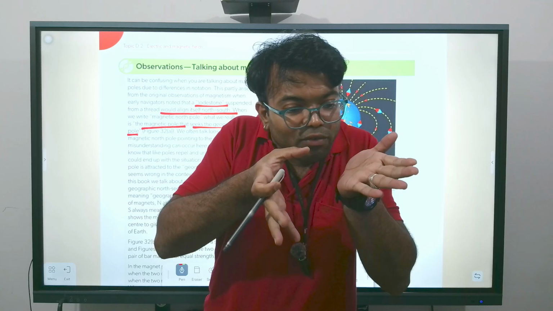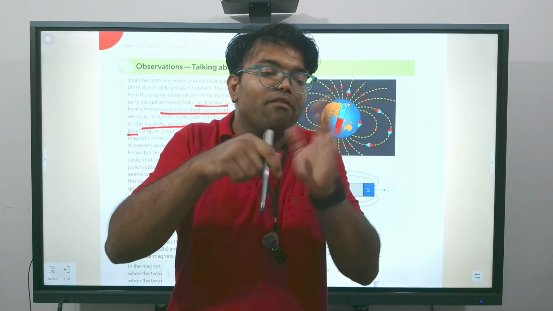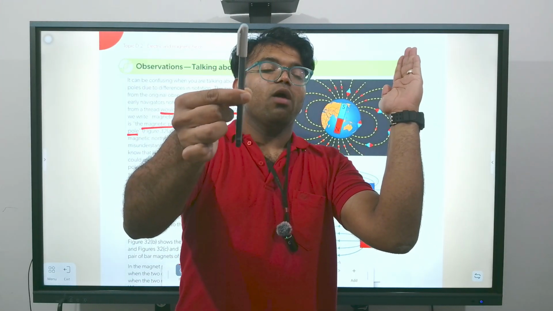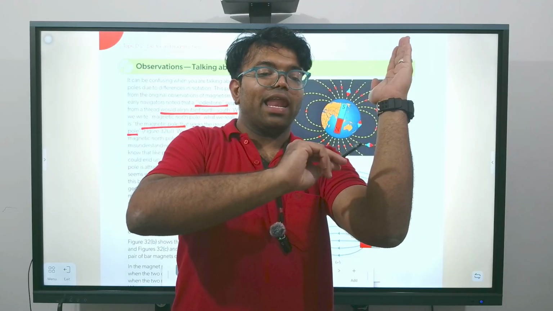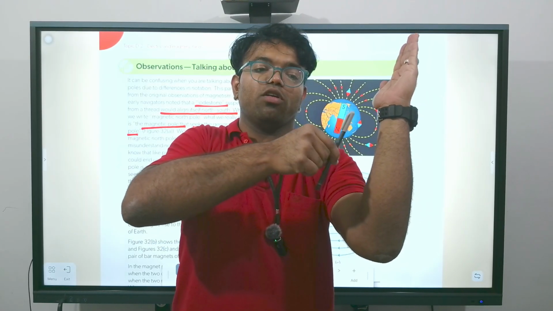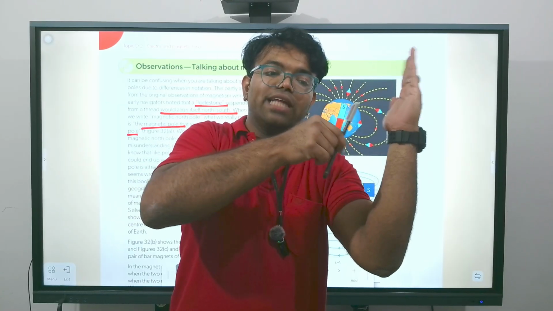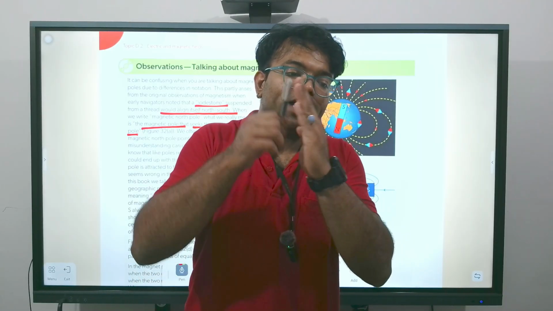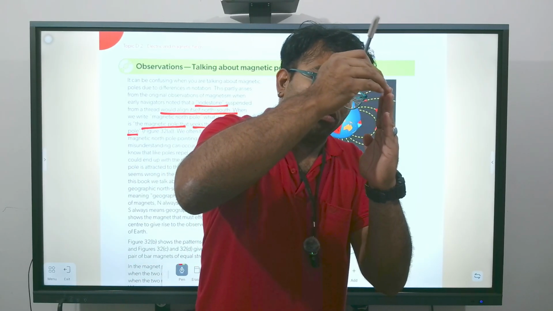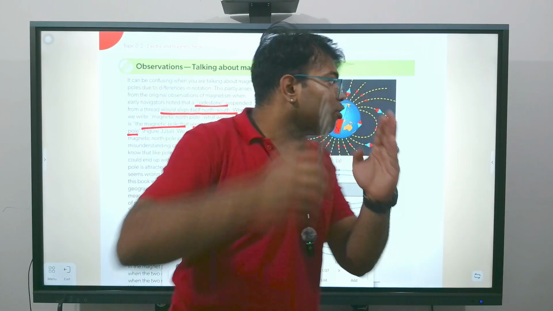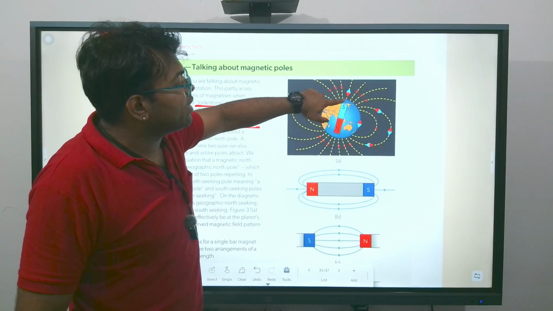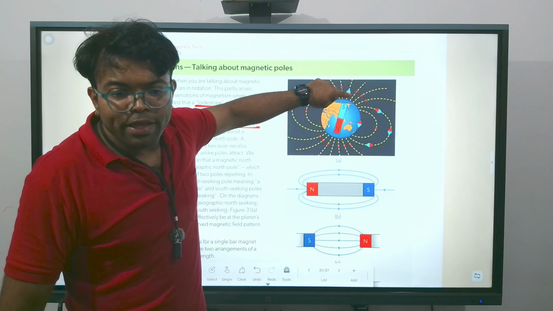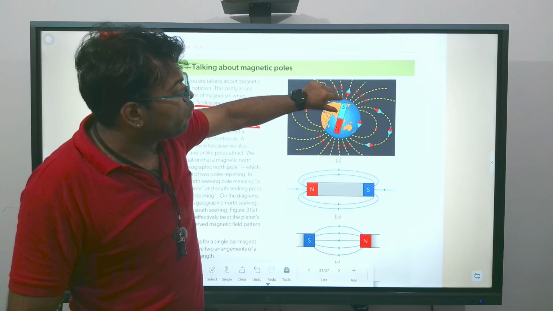That is the reason. For example, if this is the Earth, and this is the North Pole, what happens? It will always align itself with the North Pole. Why? Because this North Pole gets attracted to the South Pole of the Earth. This is the South Pole. So in northern America, in Russia and all of those places, you have the geographical South Pole.